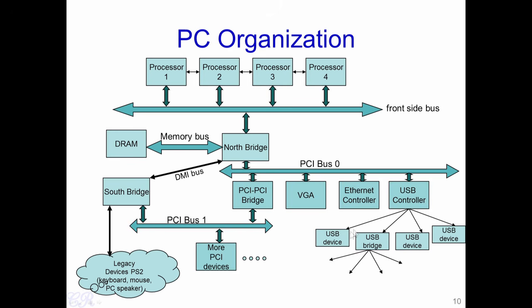Now, as you would notice over here, the USB devices are connected in a tree-like structure. Now, the PCI bus also has a hierarchy type of structure, and each bus, for instance in this case PCI bus 0, which is the closest to the north bridge, and you have in this way a PCI bus 1 which is connected to the north bridge through the PCI bus 0. So, the interface between bus 0 and bus 1 is through a PCI to PCI bridge.